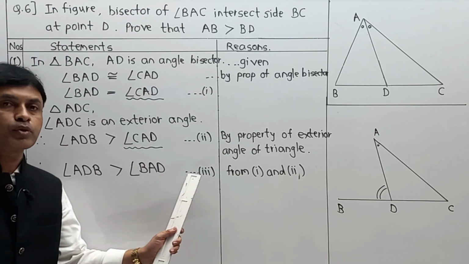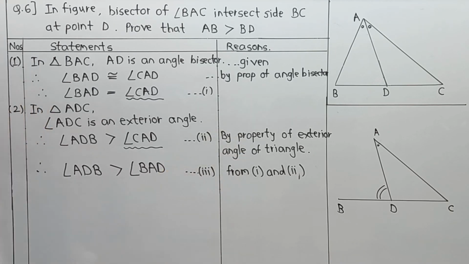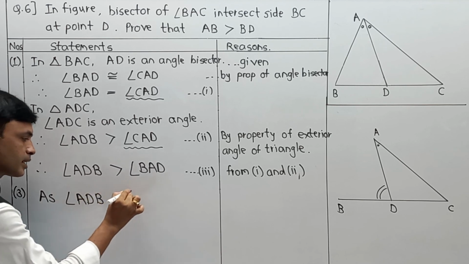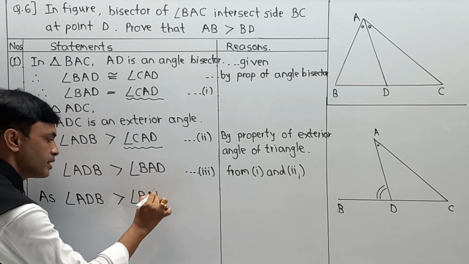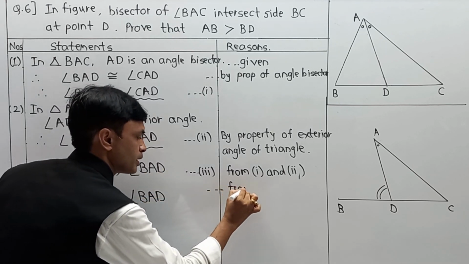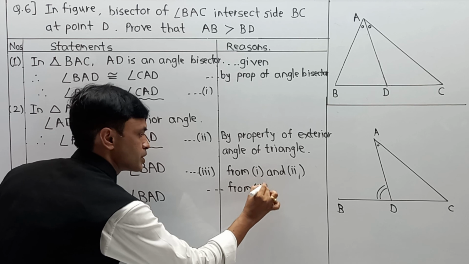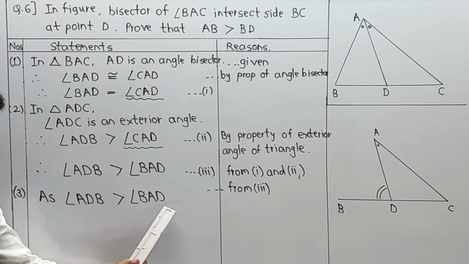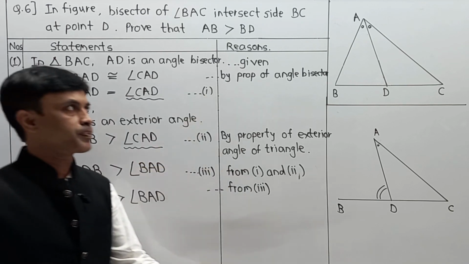Now what is the part that we have to prove in the next row? I am going to write the third part, angle ADB is greater than angle BAD. This is from 3. But what is the result of this part? Please pay attention. As we are able to get a conclusion, angle ADB is greater than BAD, observe it from the main diagram.